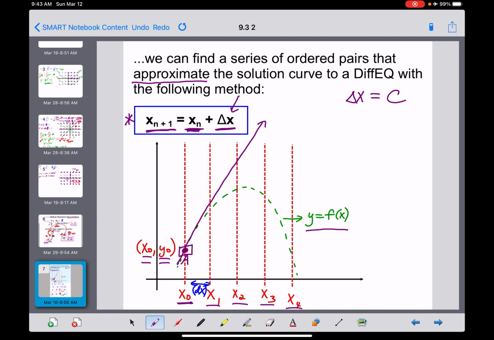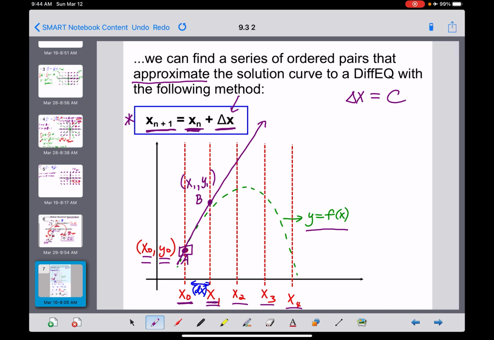Okay, and what's going on here, guys? We want to know, where is point B located? Point B is located at this x value right here, x1. So even though I didn't draw a terribly straight line, this would be point B located right here, and its coordinates would be x1, y1. Now, how do we figure out what that y value is?